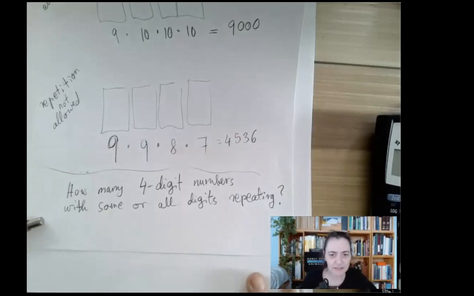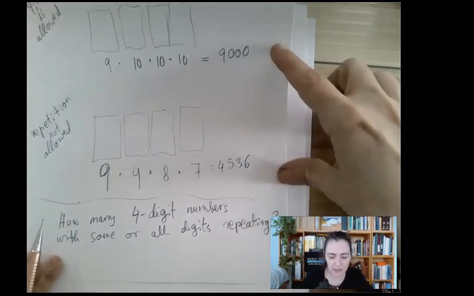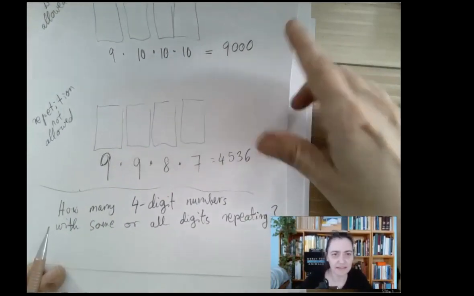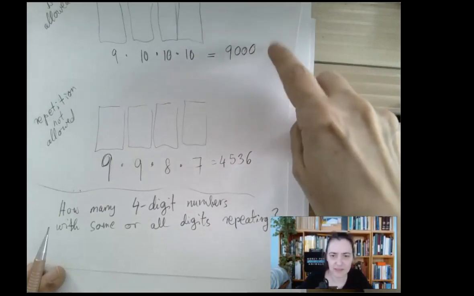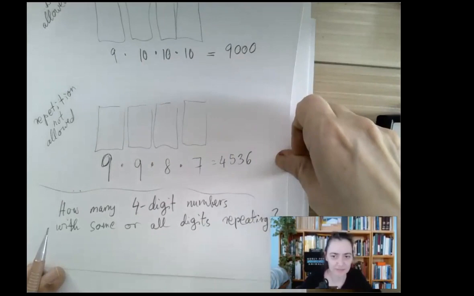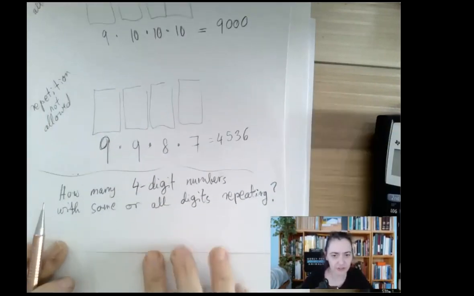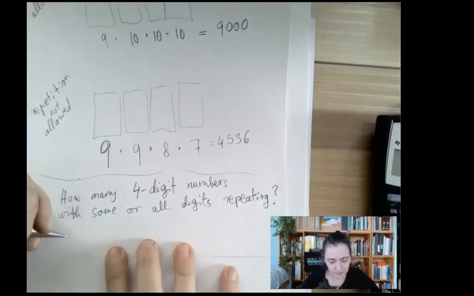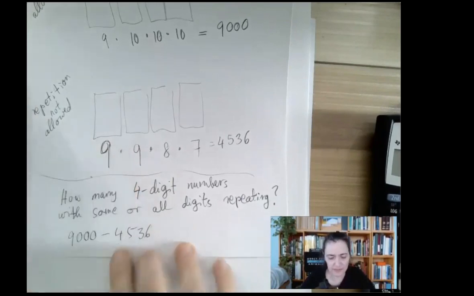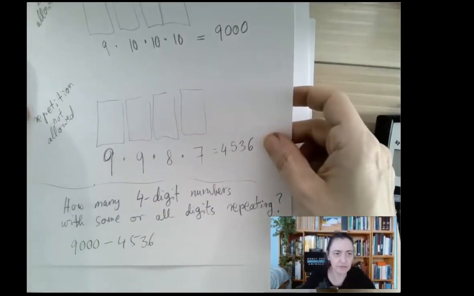There is a really easy way out, which is to compute these two and subtract. Compute this, that's the total number, and this is the one we're not interested in, but much easier to find. This is a hard question. So it's 9,000 minus 4,536, because this is the total number and this is the one without repetition.